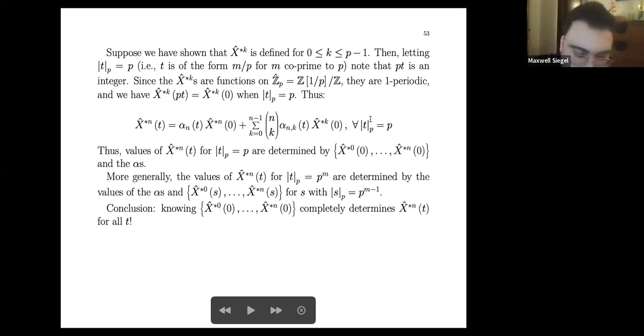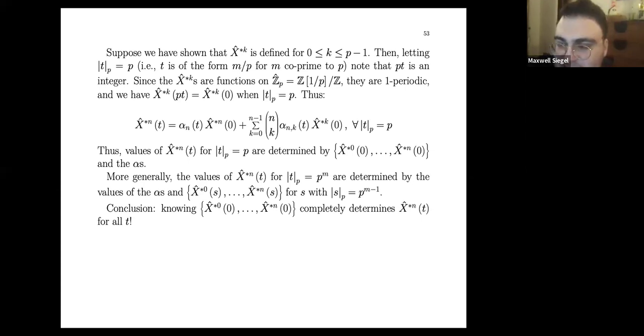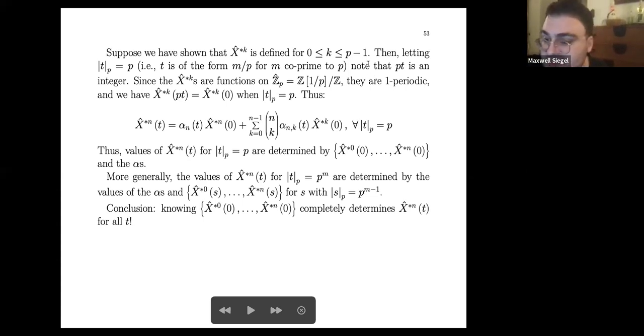Since the x hat star k's are functions on Zp hat, they are 1-periodic, and we get that x hat star k of pt is equal to x hat star k of 0 when t has absolute value p. Because of this, we get the following expression. And what this shows us is that the values of x hat star n at t in the level set of absolute value p are completely determined by the values of the other x hat star k's at 0.